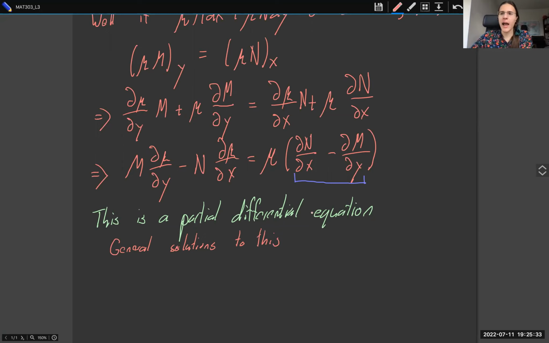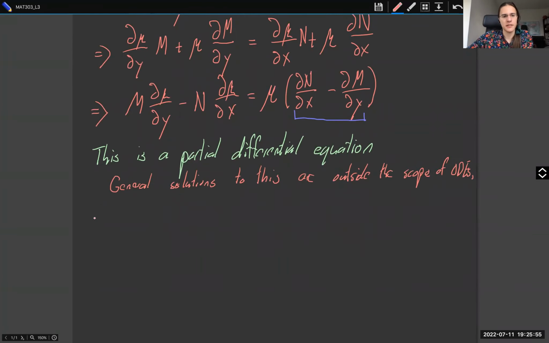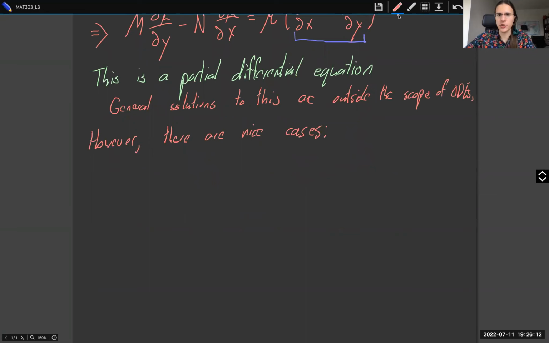So unfortunately, I'm not just going to give you a formula for finding the integrating factor in all cases. However, there are nice cases, and these cases are all of a certain form.